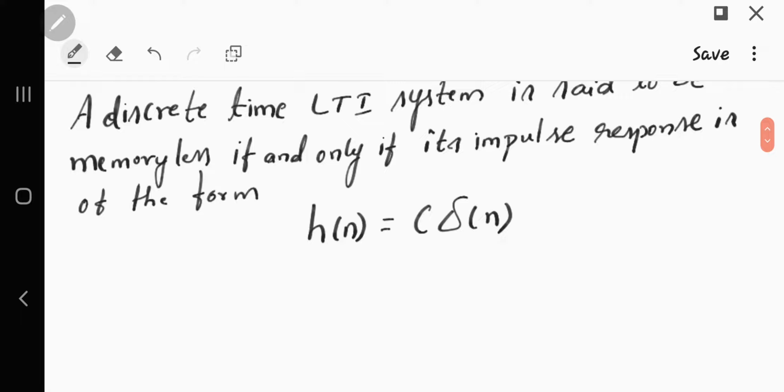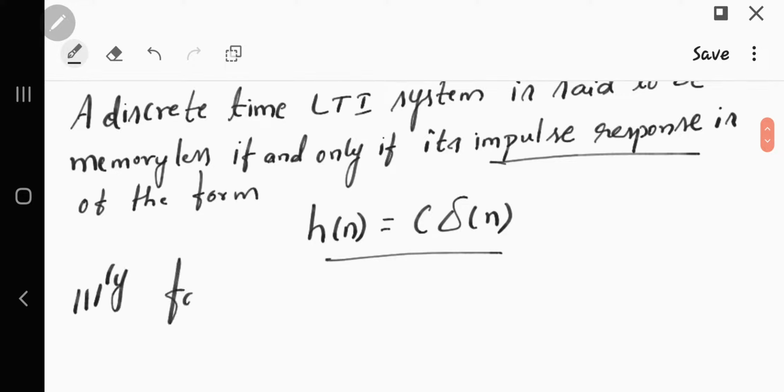So we will be checking the system's memory based on its impulse response, and the impulse response should be of this form, then only the system is said to be memoryless. This is for a discrete time system.